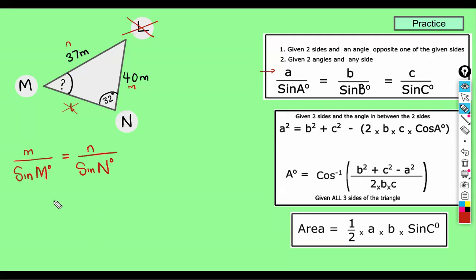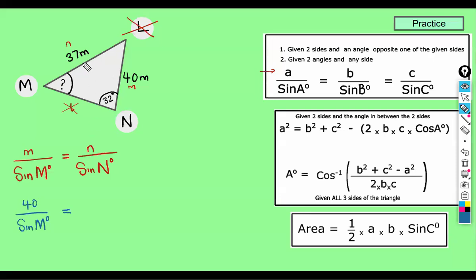So let's substitute in the values, and then whatever we can work out, we work out on the calculator, and then we can cross multiply. So common M is 40 divided by sine capital M, but we're trying to find capital M, so we don't have that value. Common N is 37 divided by sine capital N, which is 32 degrees.